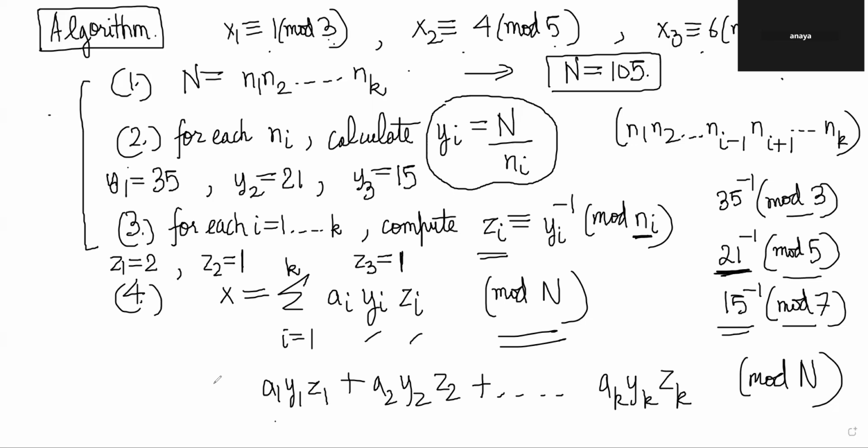Now we calculate our final step. The final step is A1 Y1 Z1. A1 was 1, so 1 into 35, Y1, and Z1 is 2, plus 4 into Y2 which is 21 and Z2 is 1, plus 6 into 15 into 1.